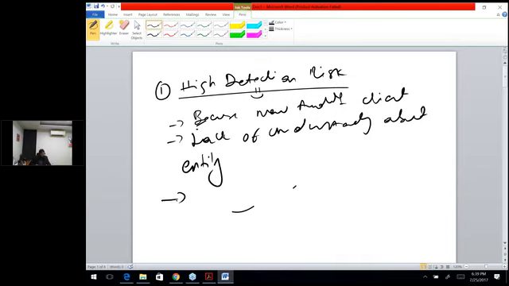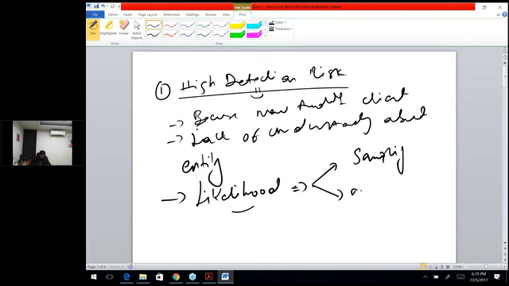When there is a lack of understanding about the entity, there is a likelihood that we might be unable to detect a few risks, which could be because of sampling and which could be because of non-sampling. So there could be sampling risk, and there could be non-sampling risk.